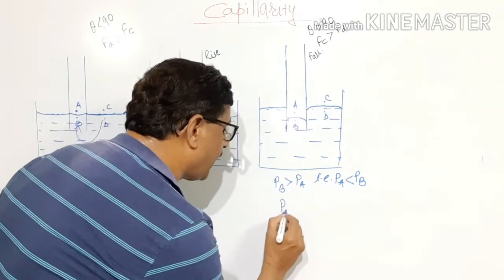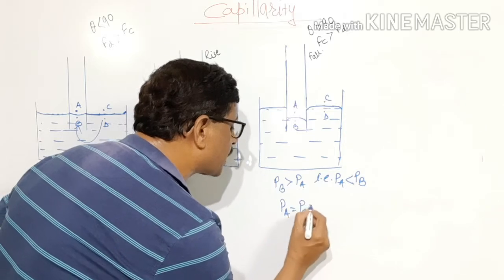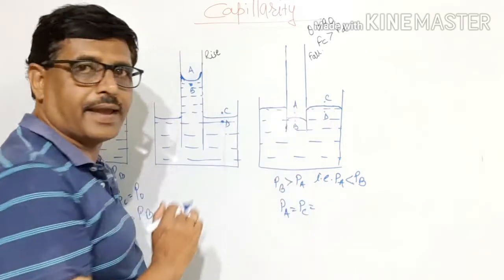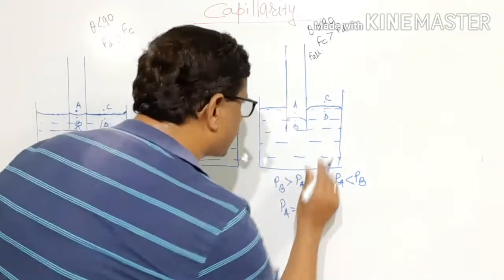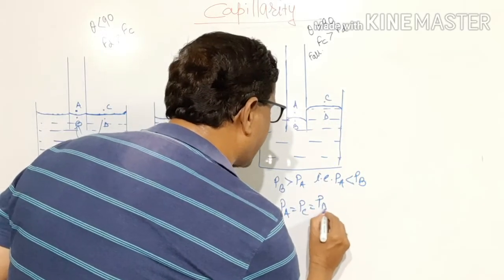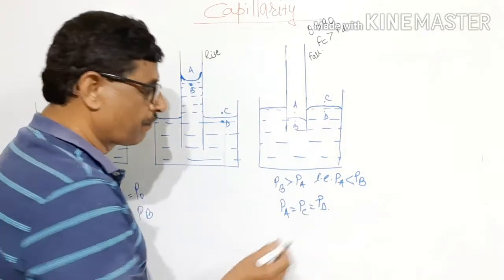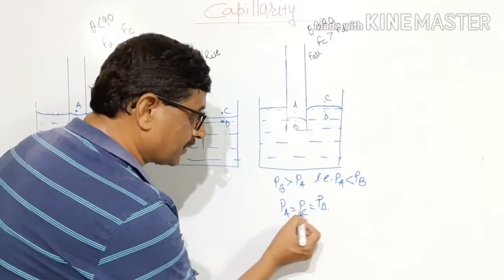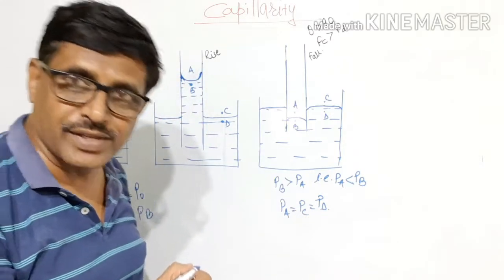Pressure at A is equal to pressure at C because both are in air. Pressure at C is equal to pressure at D because both are on either side of the horizontal liquid surface.